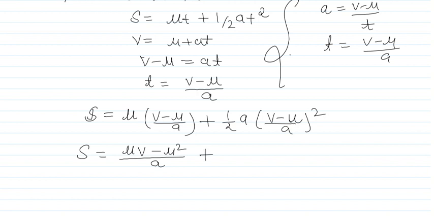This is like a minus b whole square, so it will be a square plus b square minus 2ab, upon a square, and this square will cancel out with this a.